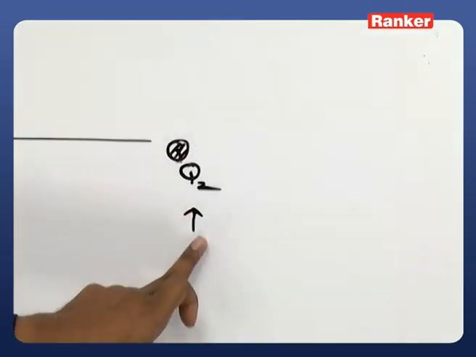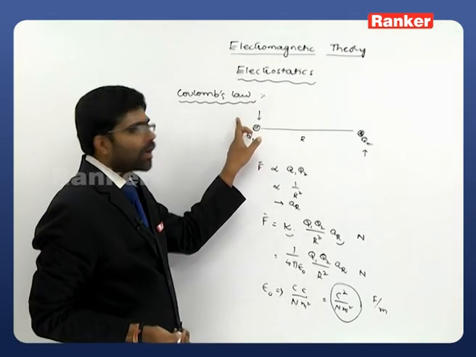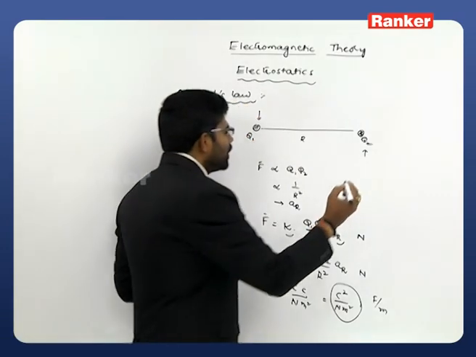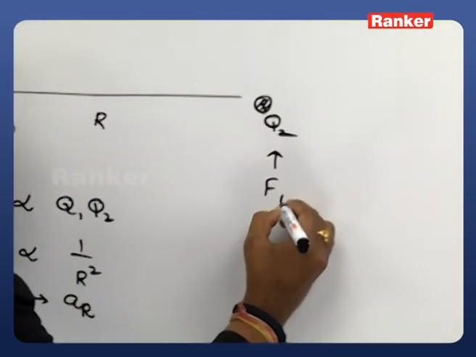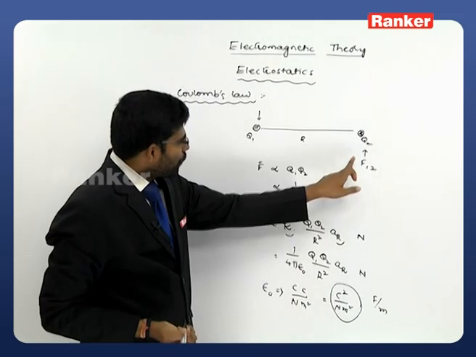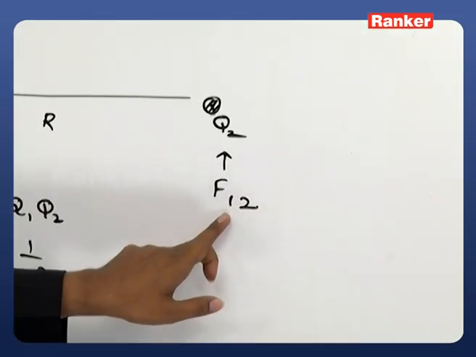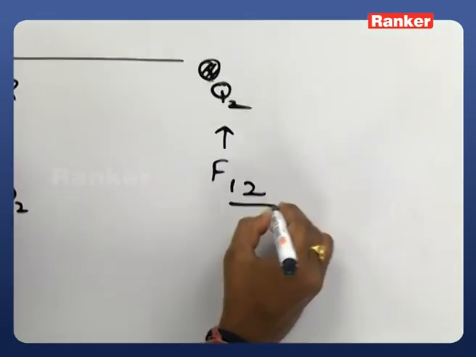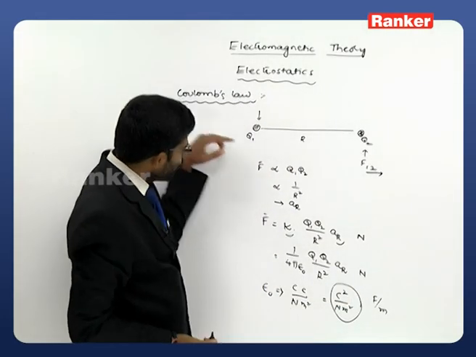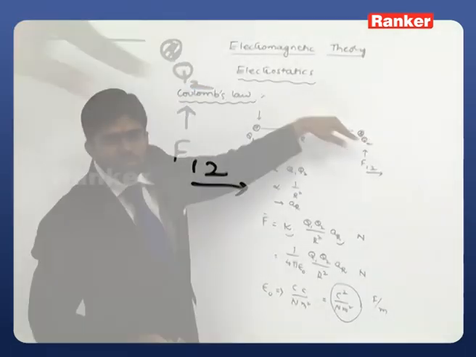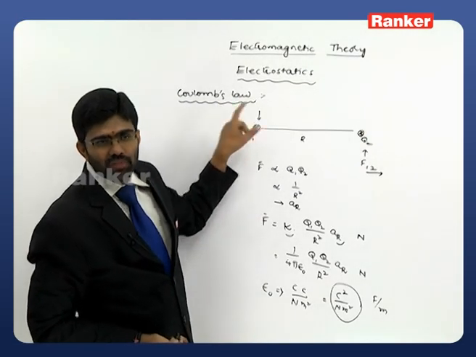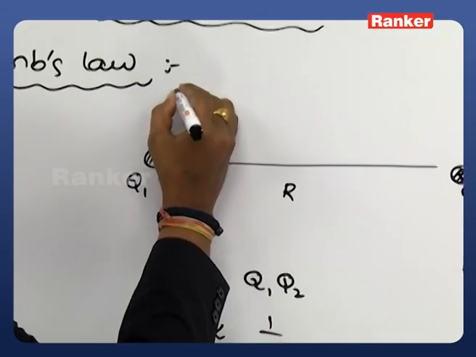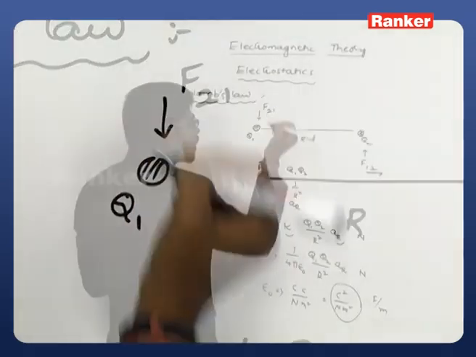If the force is calculated at Q2 because of Q1, I will denote that force as F12. The force calculated at 2 because of charge 1. Blindly remember, from 1 to 2, the force is flowing from 1 to 2. The force is in this direction. The force acting on 2 because of charge 1 is one type of force you can observe. And the next force we can observe is the force acting on 1 because of 2.